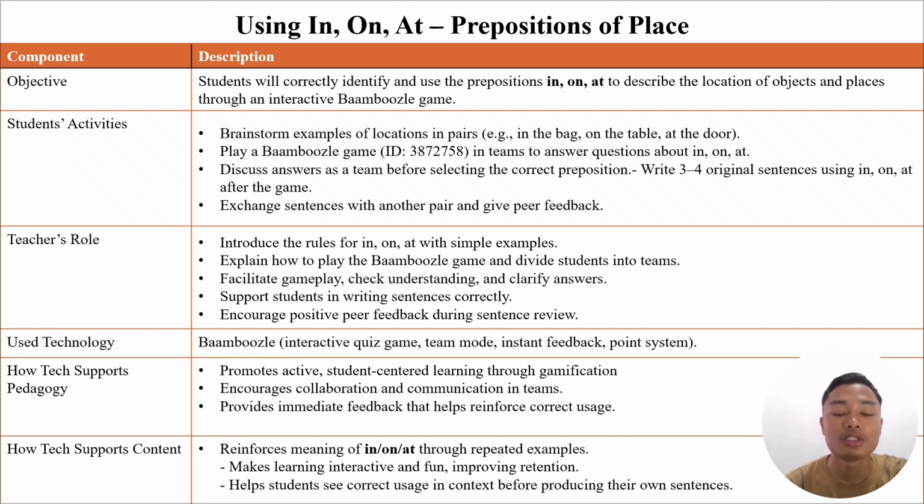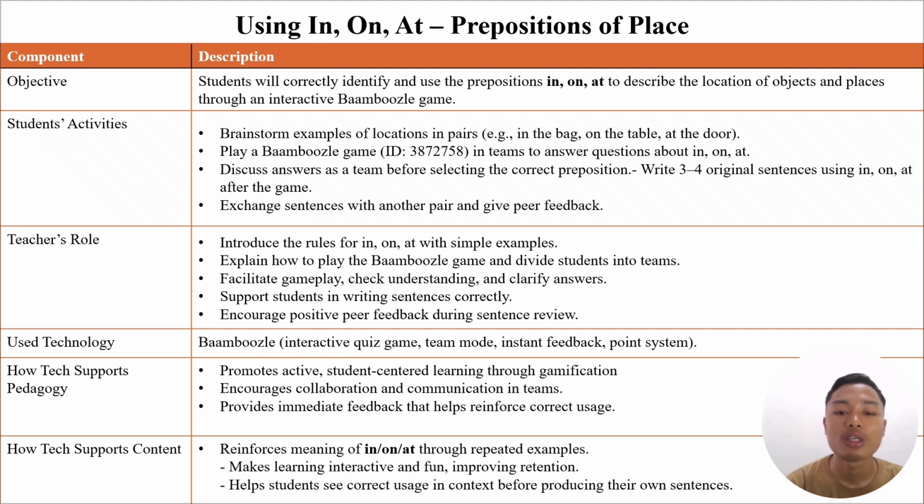The third one is teacher roles. Okay, this section explains what the teacher does to guide and support the entire learning process. Point one in teacher roles is introducing the rules. The teacher briefly explains how in, on, and at are used, giving simple and clear examples.